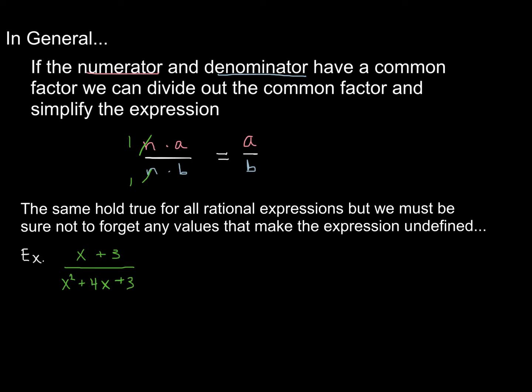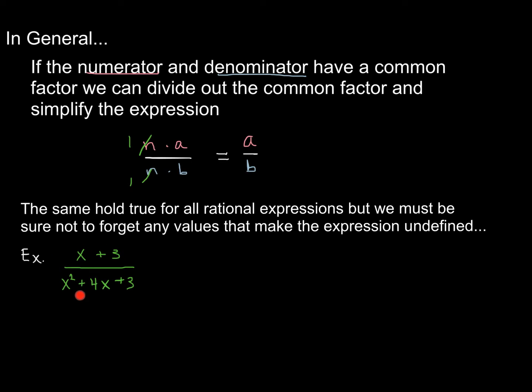Let's consider this rational expression here. Before we go and simplify it, we have to remember the difference between rational expressions with variables in them and the fractions that we just worked with. Those fractions, it's really obvious from looking at them, don't have a denominator of 0, because if so, it wouldn't make any sense.